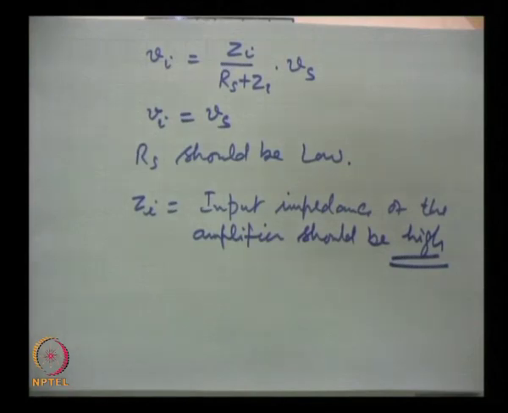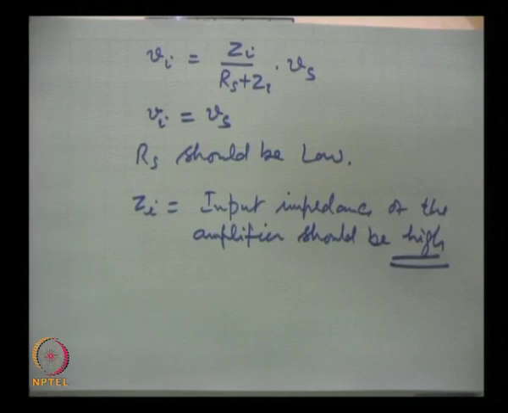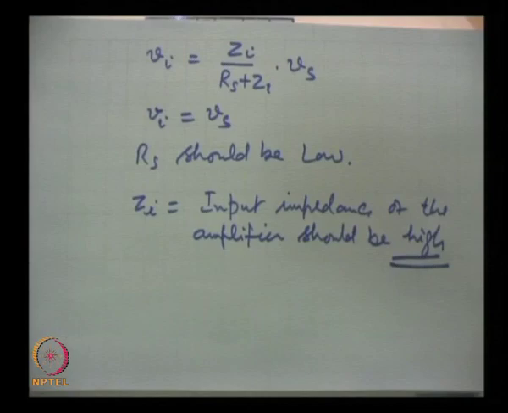So, remember, a voltage amplifier should have a high input impedance. This point we have been emphasizing so far, and it becomes very obvious here that for a voltage amplifier, input impedance should be high and output impedance should be low, and that point we shall take now, and that is the load impedance.